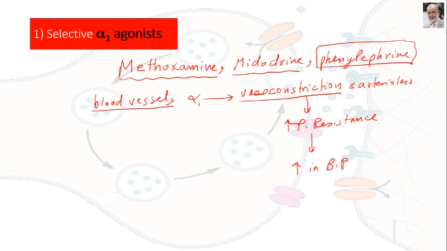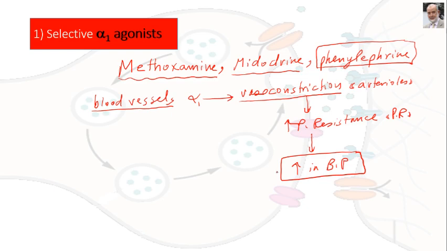So the net result of these drugs is an increase in blood pressure as a result of vasoconstriction, which increases peripheral resistance. Peripheral resistance is usually abbreviated as PR. So peripheral resistance is increased, and this will lead to an increase in blood pressure.